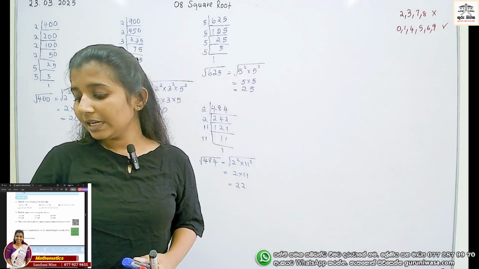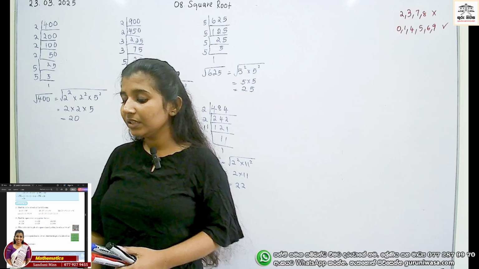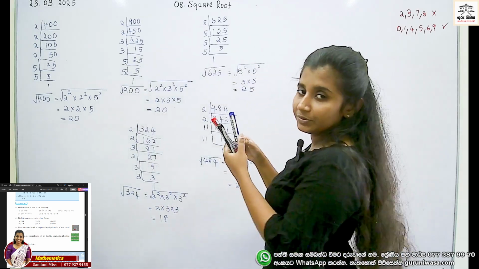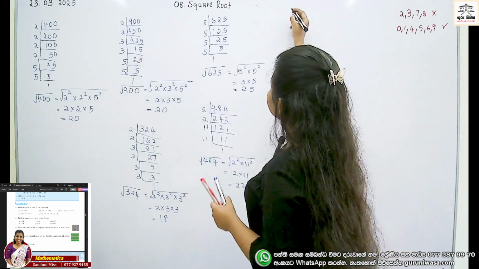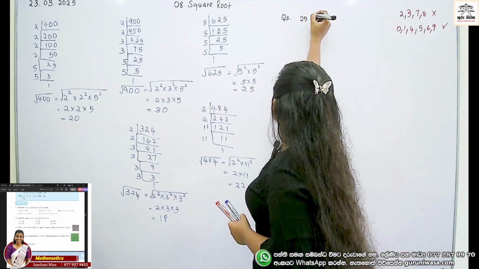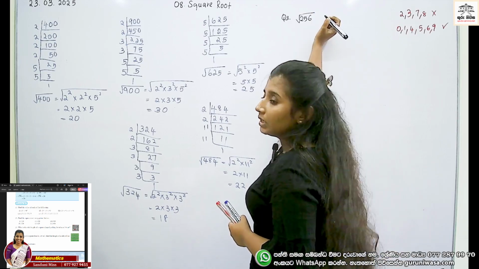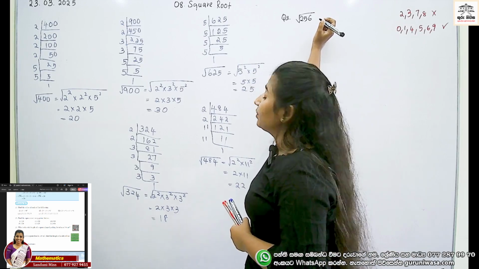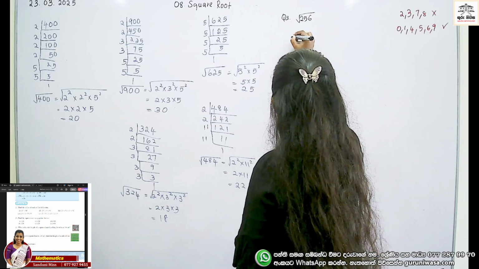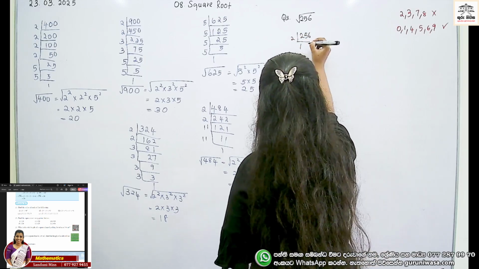What is the side length of a square-shaped parking lot of area 256? So the area is 256. So how do you find the side length? 256 square root. So you can use the normal method, divided by prime factors.